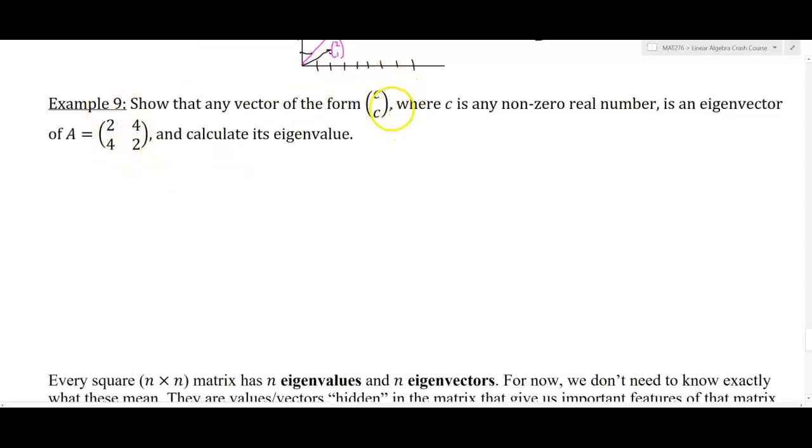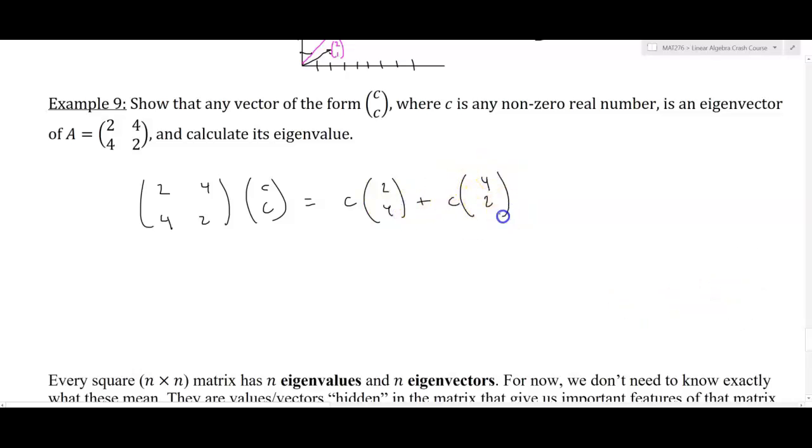And let's just show that for any non-zero real number c, the vector c, c will be an eigenvector of the 2, 4, 4, 2 matrix. If I multiply these together, I take c times 2, 4 plus c times 4, 2.